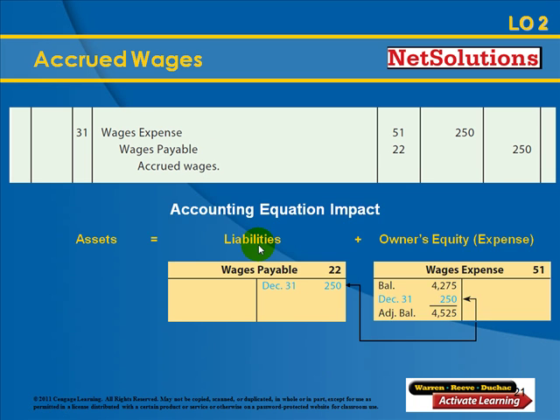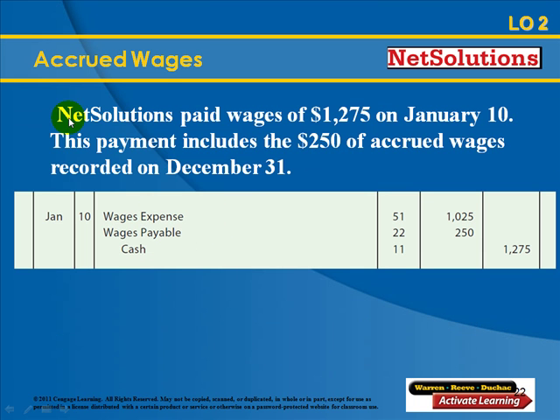Now, the effect on the accounting equation for this journal entry is that a liability increased as well as an expense increased. When Net Solutions paid the wages of $1,275 on January 10th, this payment includes the $250 of accrued wages recorded on December 31st.